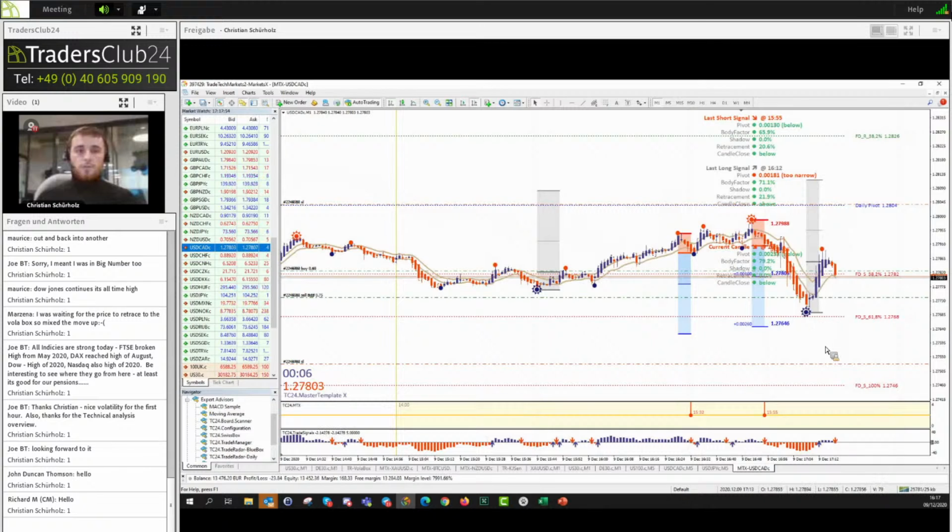You can see here we got a signal candle earlier. Blue sun, signal candle, entry.